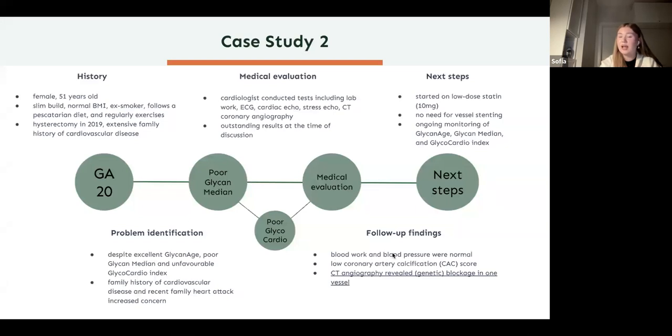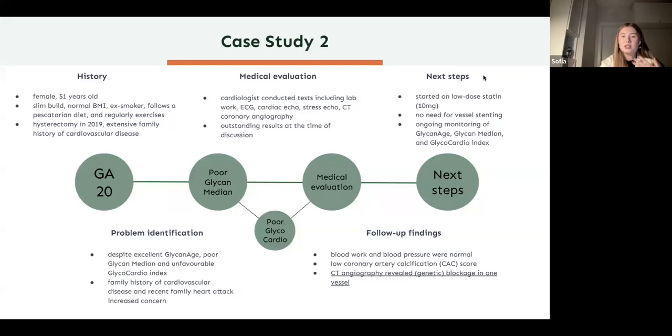She did some blood work, and her blood pressure was normal. She had a low coronary artery calcification score. But what was interesting is that CT angiography revealed genetic blockage in one vessel. So she was immediately started on low dose statin. There was no need for vessel stenting, and we definitely recommend ongoing monitoring of GlycanAge, glycan median, and glycocardio index.